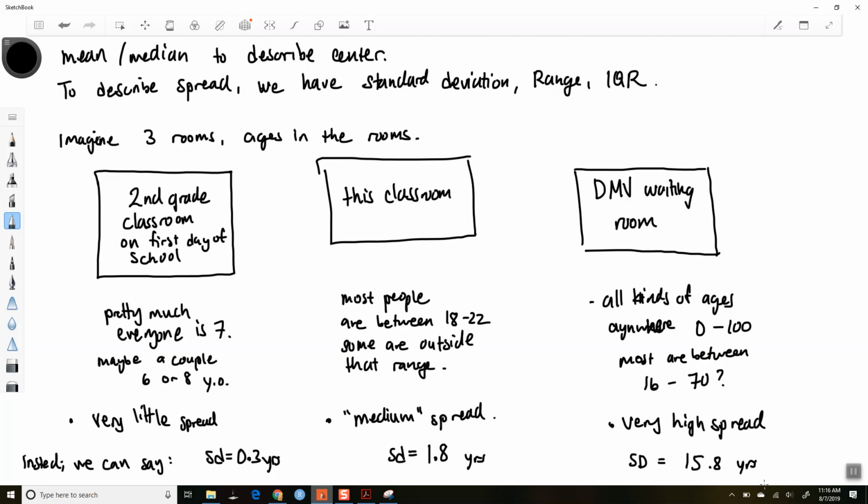Okay, and so now we'll talk about how we go about calculating the standard deviation, or maybe the formula, or just what this standard deviation entails. And again, it is important that you learn, or I think there is merit in learning how to find the standard deviation by hand, okay?